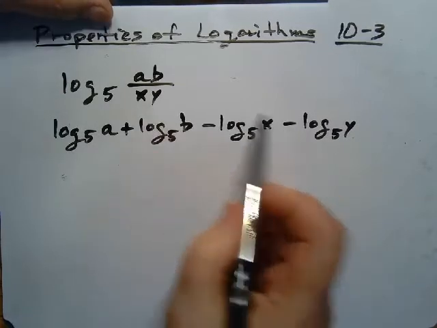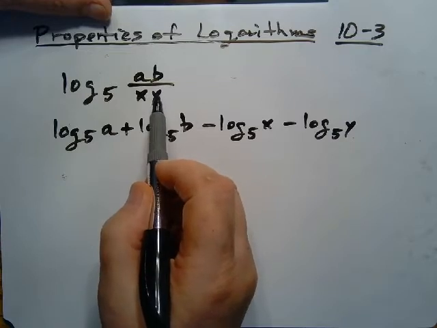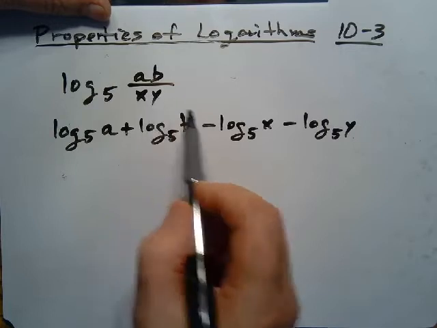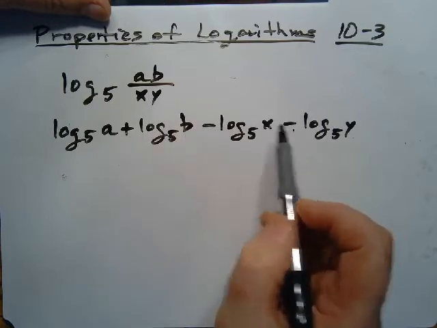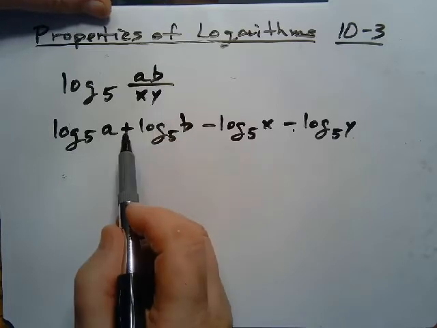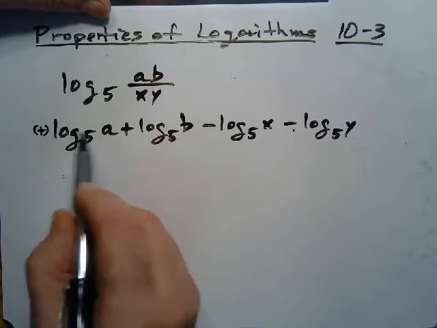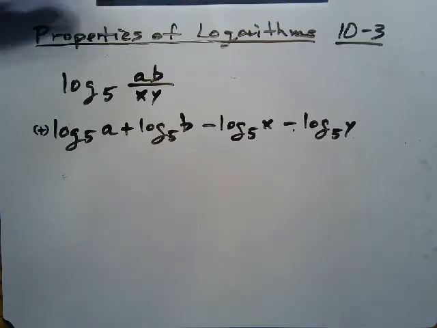Because this Y is also in the denominator. Anything in the denominator will have negative signs in front of it, and anything in the numerator will have positive signs. There's a positive sign here you don't see. Plus numerator, denominator, denominator.